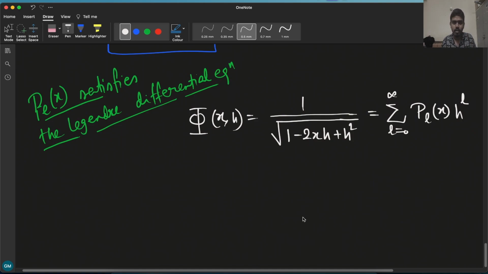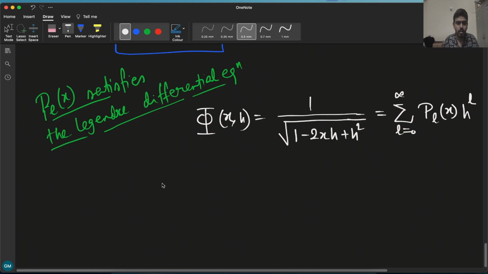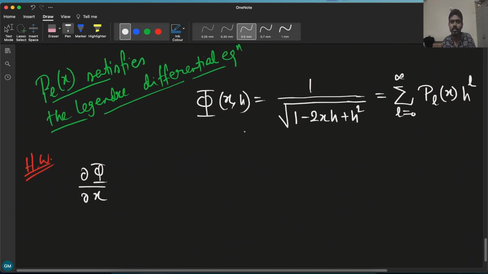Now I will give you a few homeworks. That is, calculate del phi del x. Okay, so these are homeworks. Calculate del phi del x, and remember that phi is a function of x and h, and this del phi del x is the partial derivative of phi with respect to x.